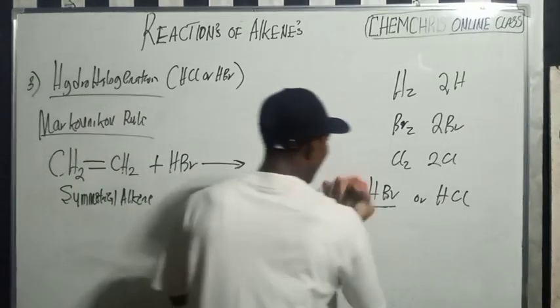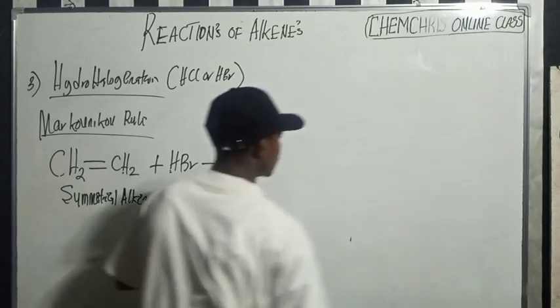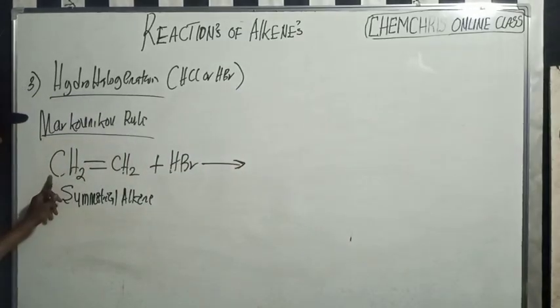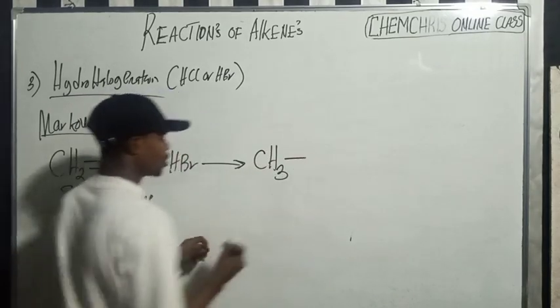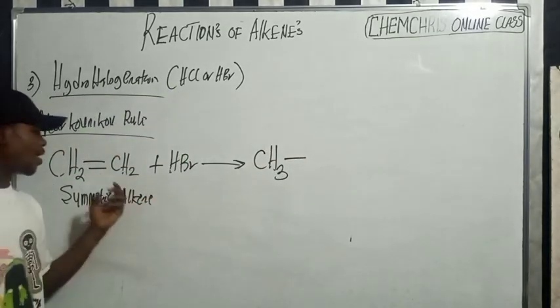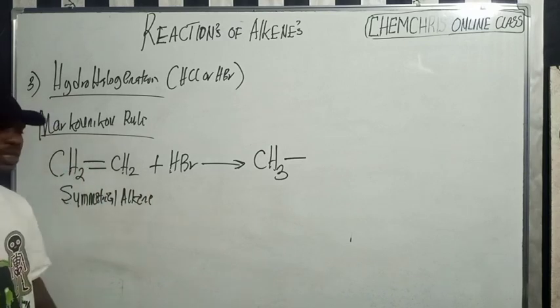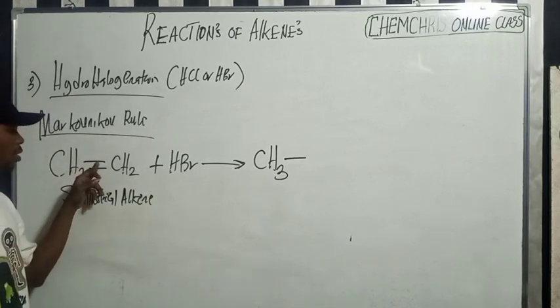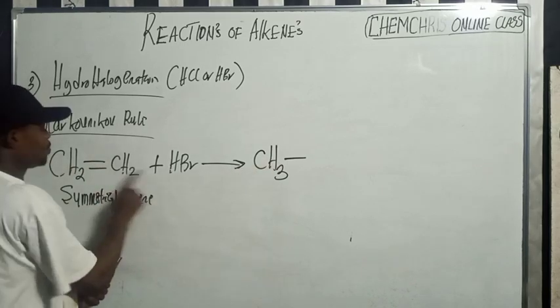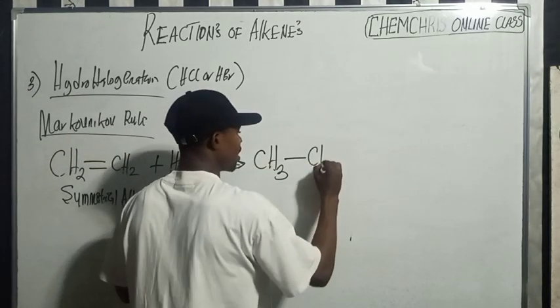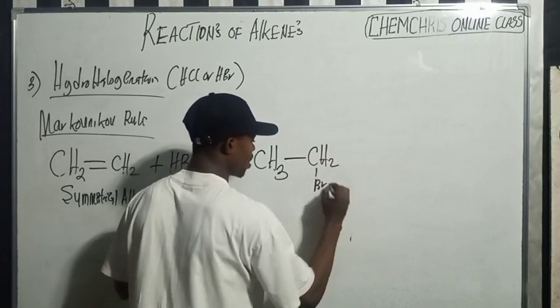So if I decide to add hydrogen here, what am I going to get? I'm going to get CH3. Now remember, as I'm adding, I'm breaking the pi bond, right? Leaving a single bond. So I'm going to add Br here. So you have CH2Br.